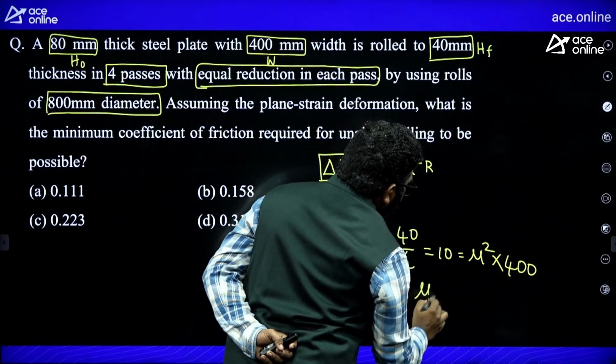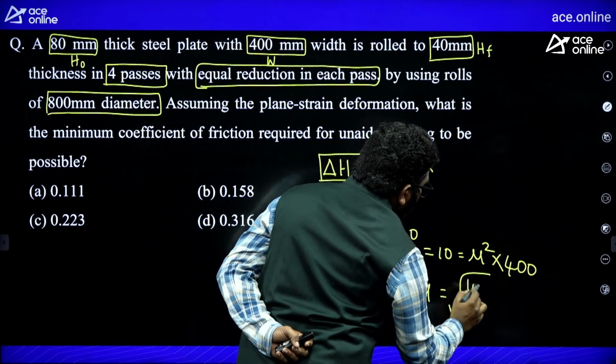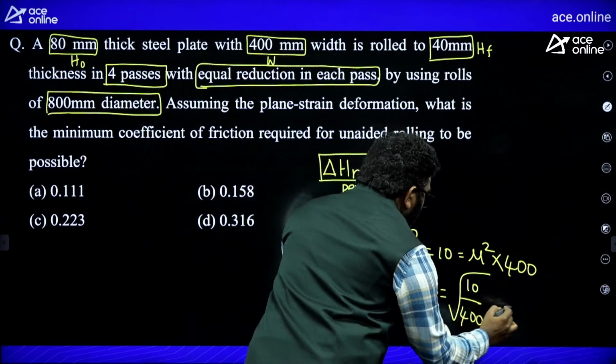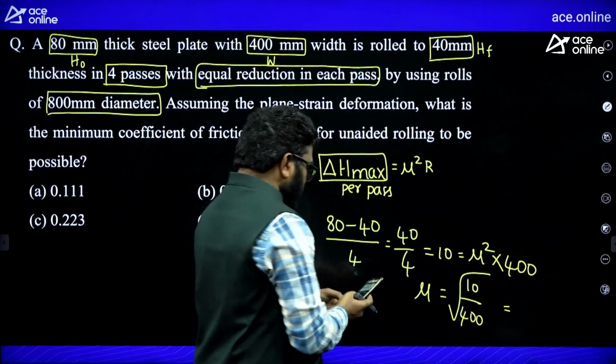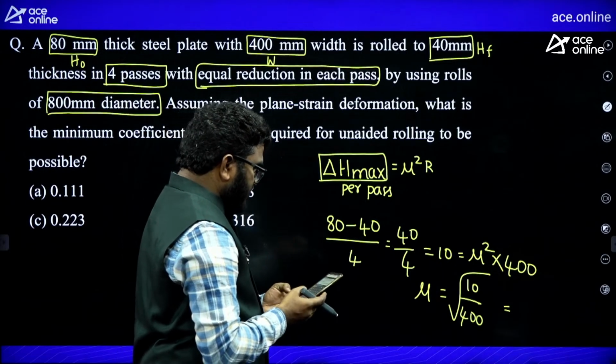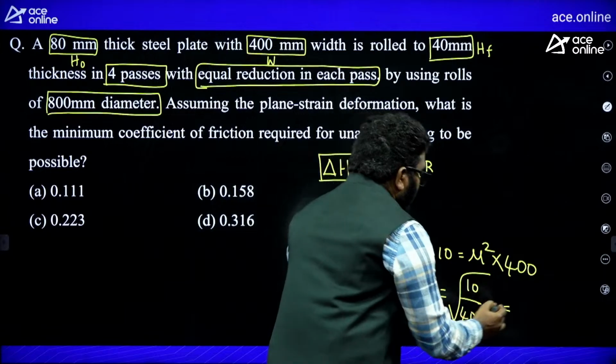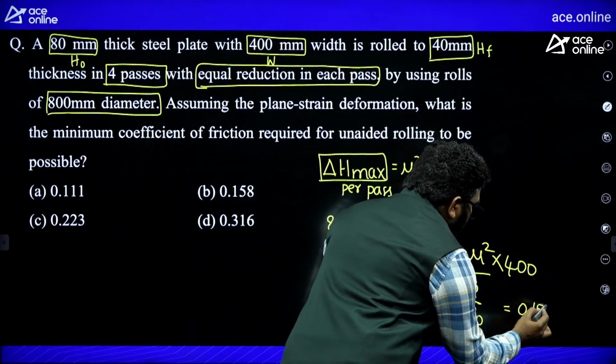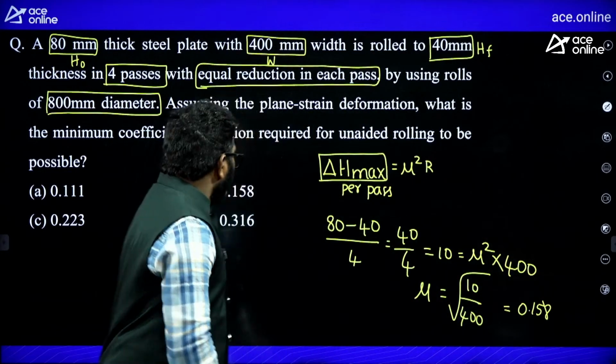So mu is equal to under root 10 by 400. So what is the answer? Under root 10 by 400 is 0.158.